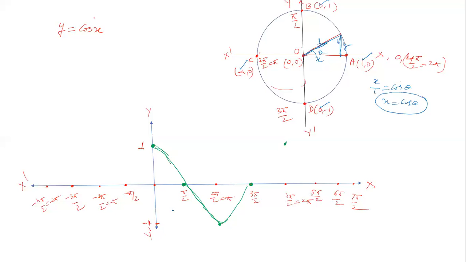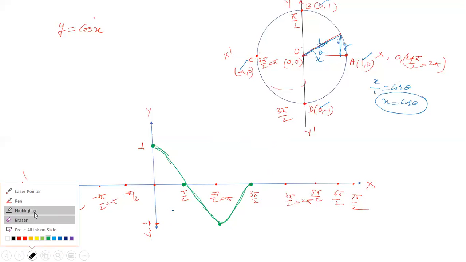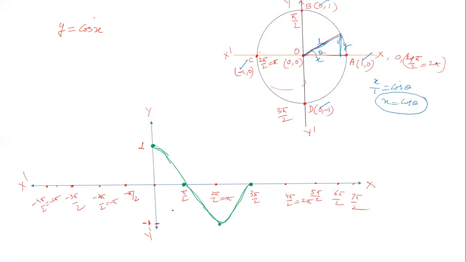It would be like this, and then this. For pi by 2, it is 0.